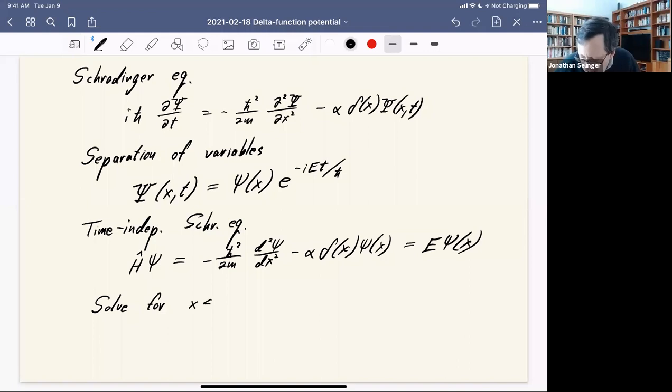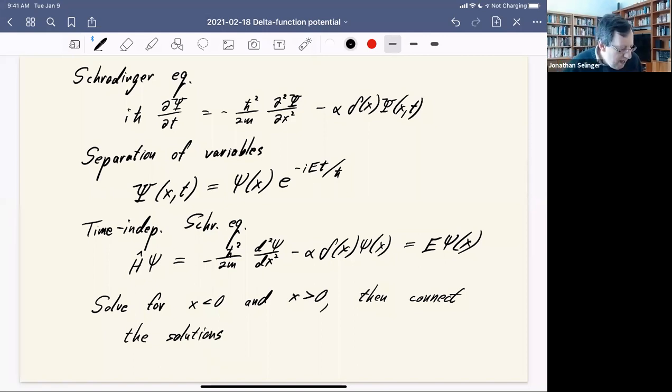So to solve for x negative and x positive, for sure we can do that because we know that the delta function is 0 in those places, okay? And then connect the solutions in a way that is consistent with the delta function, as I will show you.